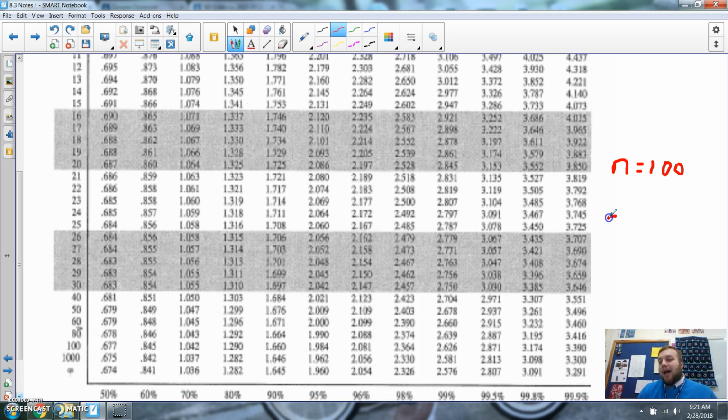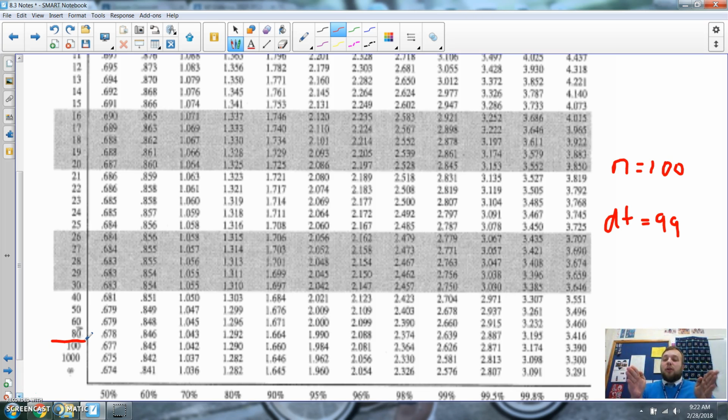But remember, df is actually 99. Well, there isn't a 99. It goes right in there between 80 and 100. Now, here's where you should get your underwear in a bunch. Because even though we're really close to 100, if we round up to 100, that is decreasing our sample size, and we might not be as accurate.